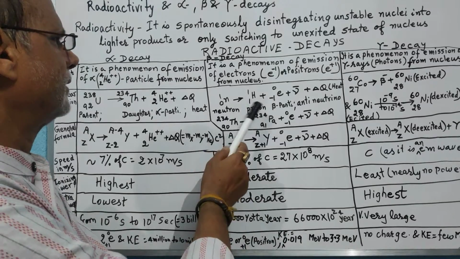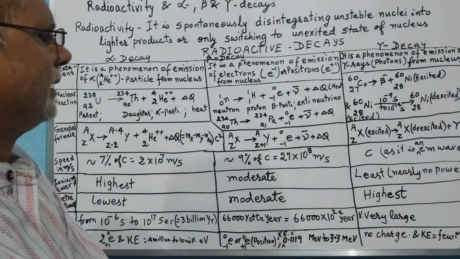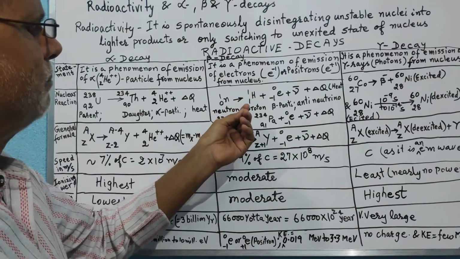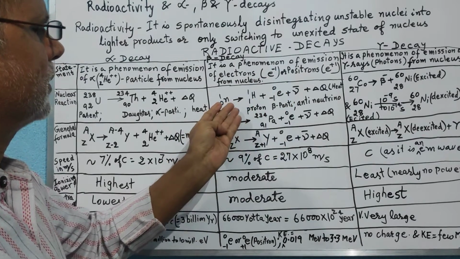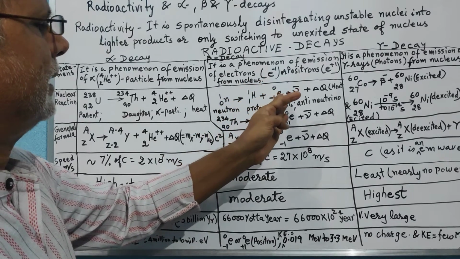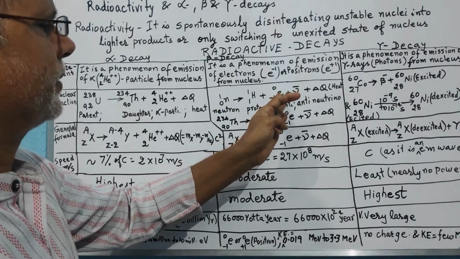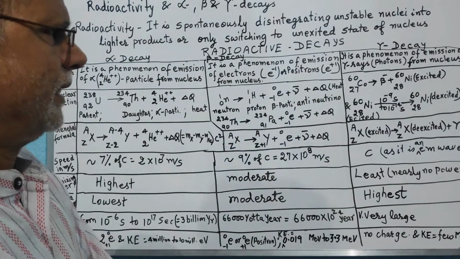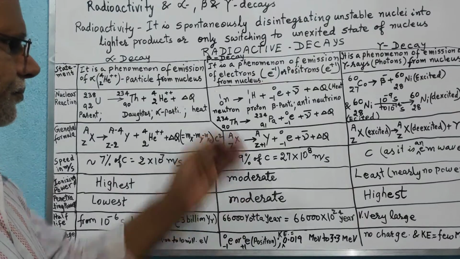In case of beta decay, what happens? A neutron converts into a proton, and emits one electron and an antineutrino particle, plus some heat is released.